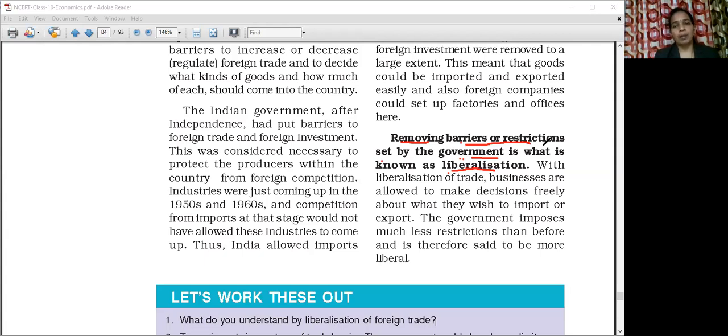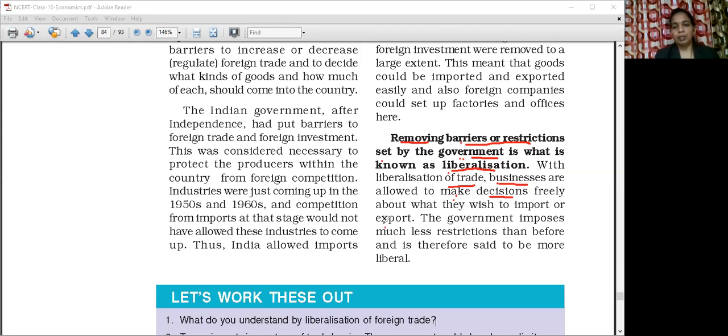With liberalization of trade, businesses are allowed to make decisions freely. Government restrictions no longer remain, so they can freely decide what they wish to import or export.